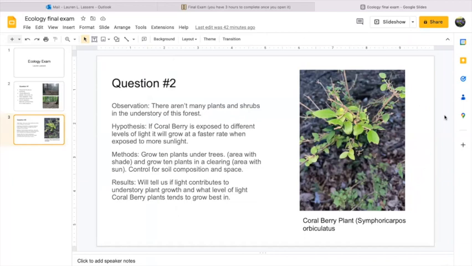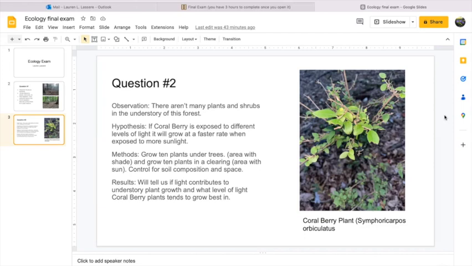For my hypothesis, I wanted to see if coralberry plant growth would be affected if put under different levels of light exposure. The forest understory doesn't have a lot of light exposure, so I wanted to see if coralberry growth would be higher or lower in a different area that had more light exposure, like a clearing.